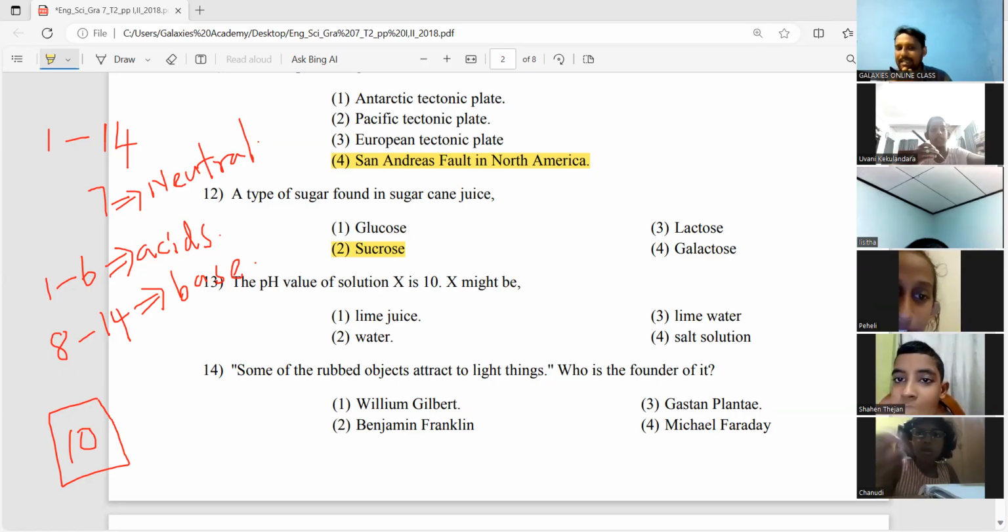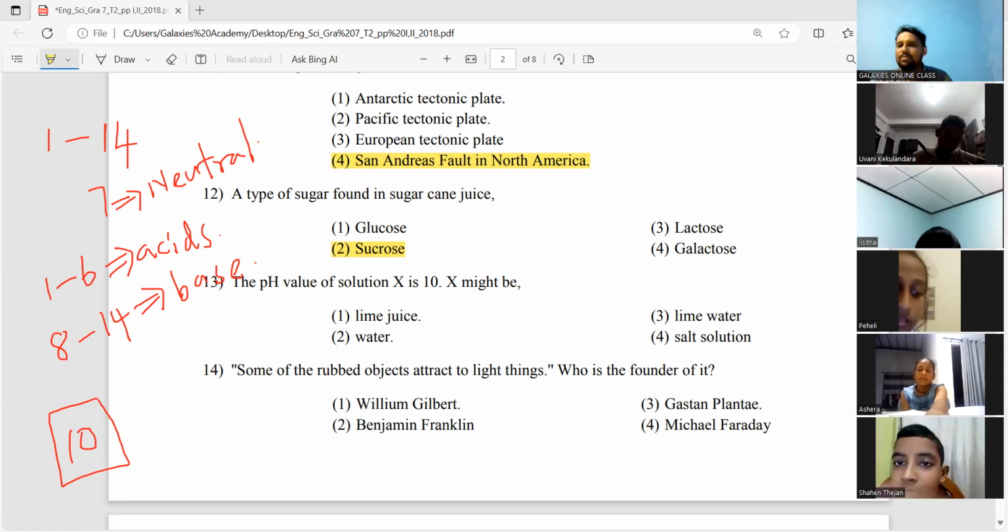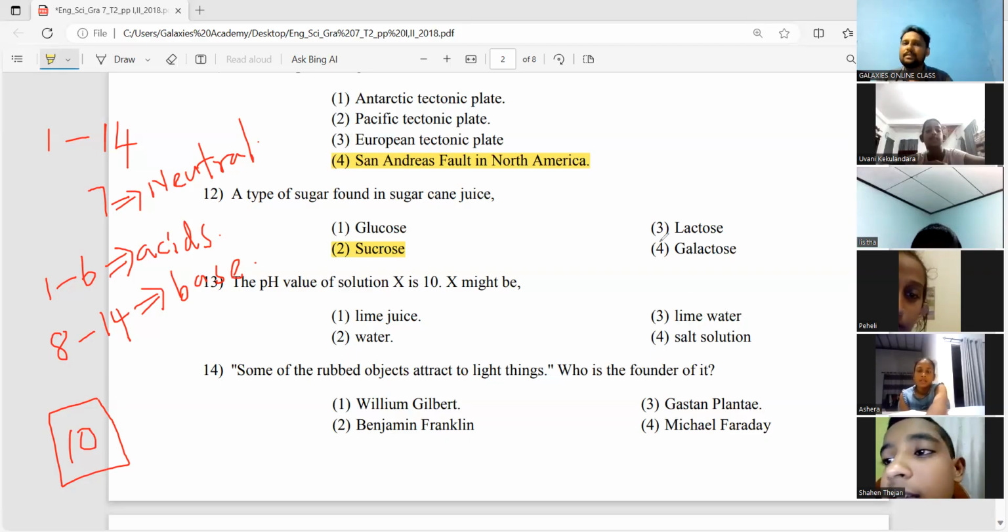Basic. It should be a base, no? So you have to select the base. Lime juice, correct or incorrect? Incorrect. It is acid. Water, incorrect. Neutral substance, no? Salt solution, neutral. Lime water, it is the correct answer. Correct.